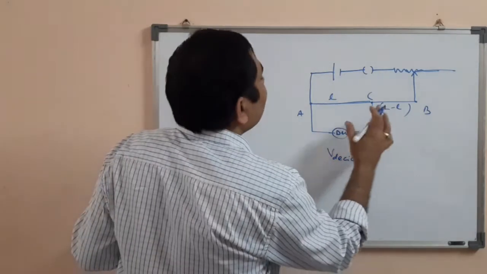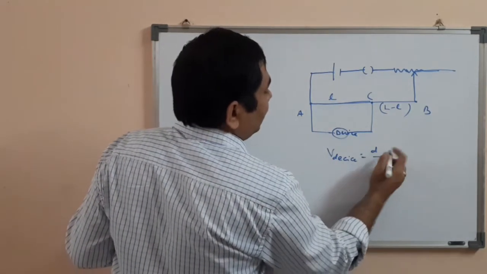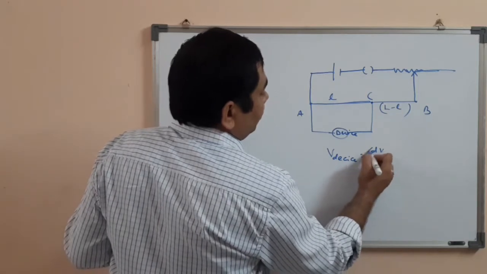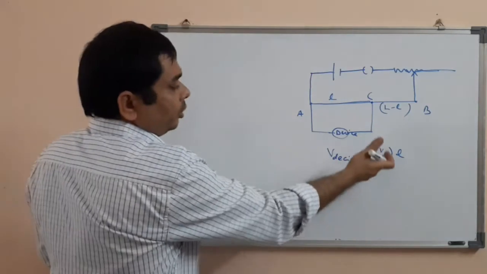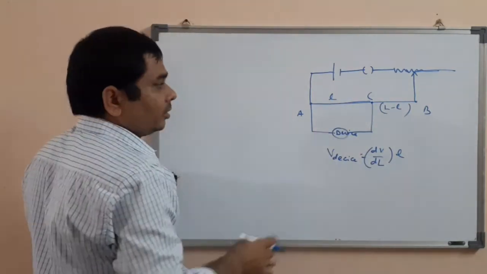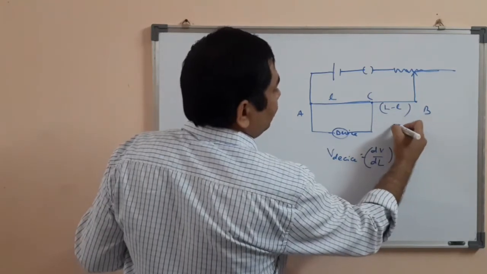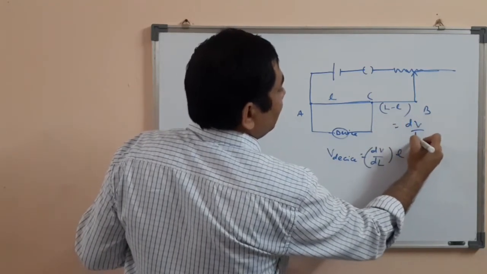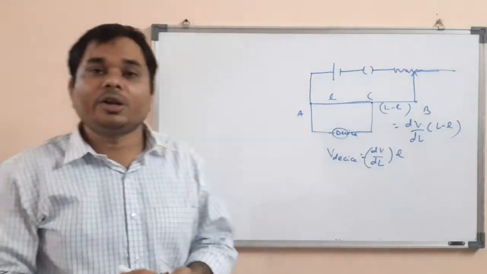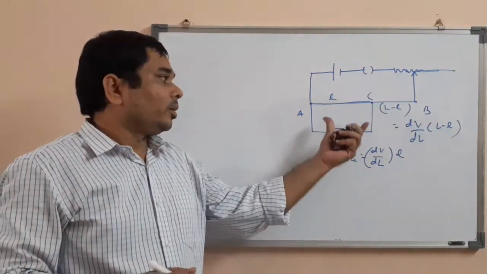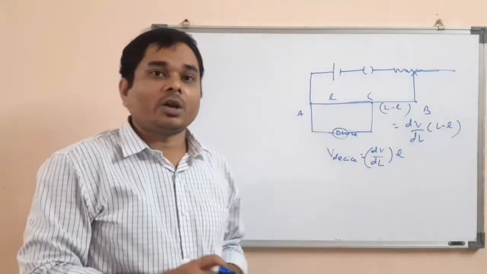It will be equal to dV by dL multiplied by this length. This is what? Potential gradient. This is the length. Whereas this remaining potential difference will be equal to dV by dL into capital L minus small l. So this way we have divided the potential across the wire AB. Okay, so this is one of the uses.